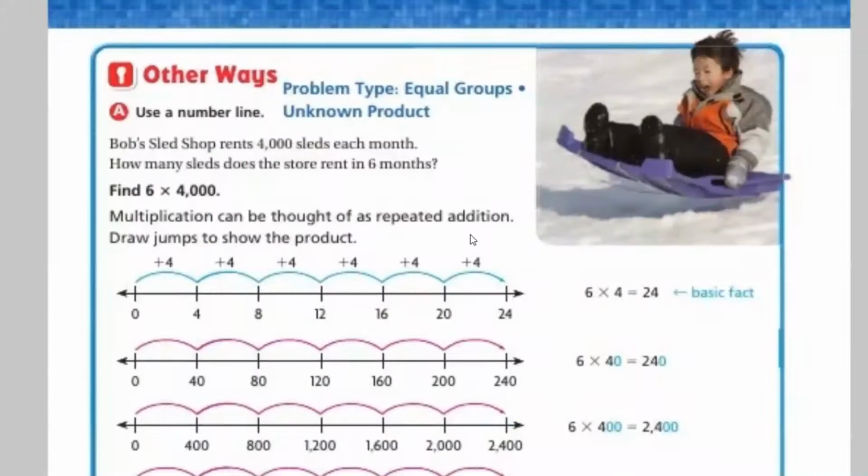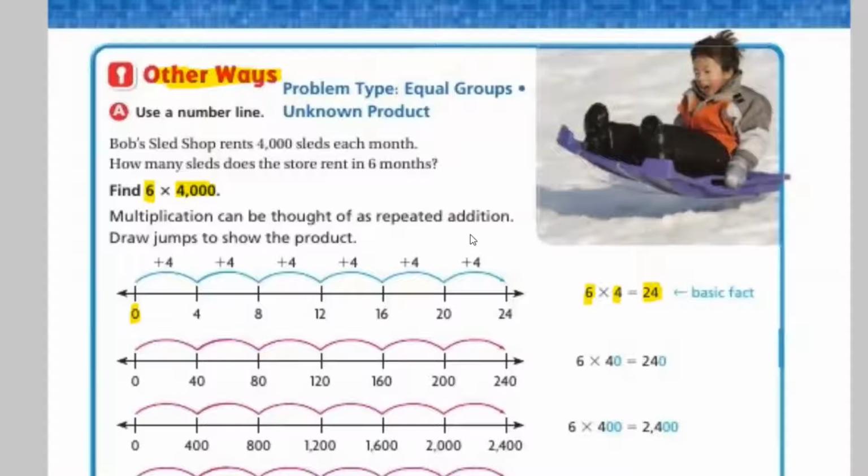Okay, let's have another way. We're going to use a number line to model this. So 6 times 4000 equals what? If we want to use the number line, we have the basic fact 6 multiplied by 4 equals 24, right? If we want to represent it using a number line, we start with 0 and then add 4 because it is 6 multiplied by 4.